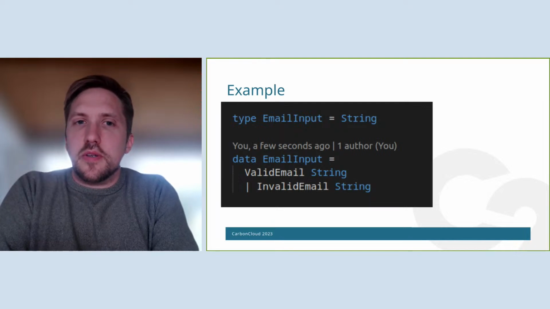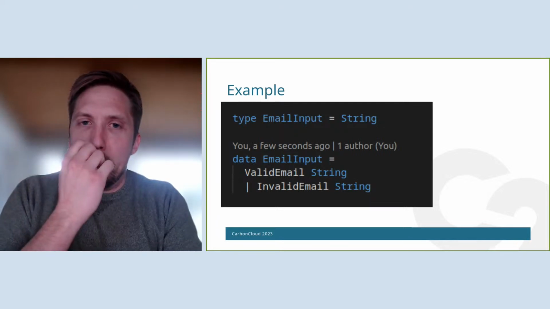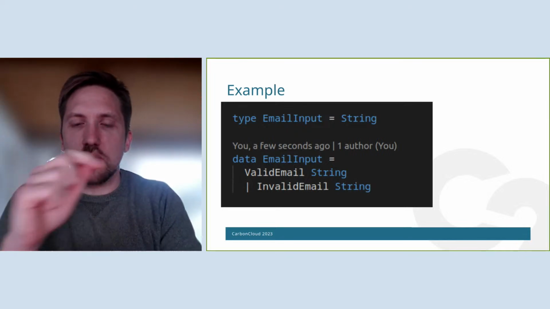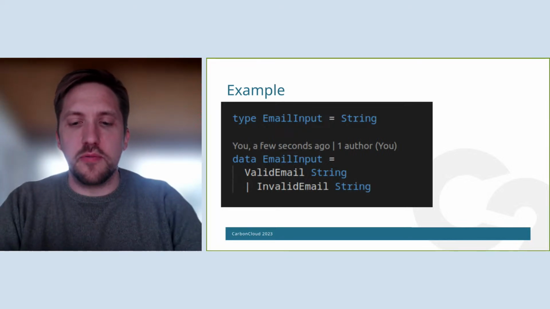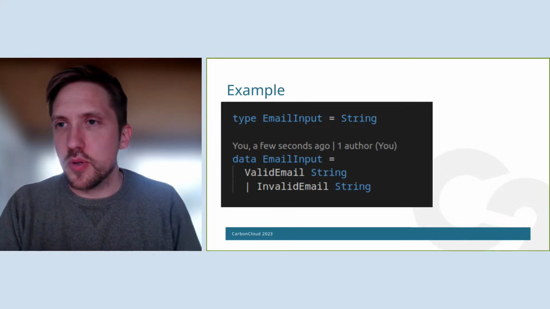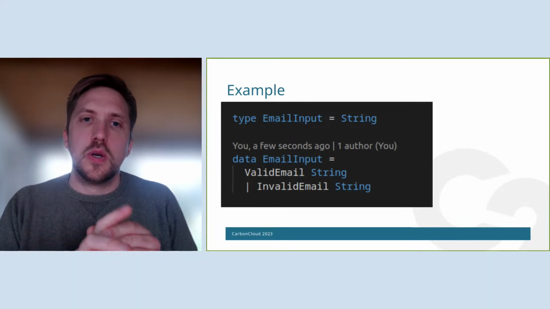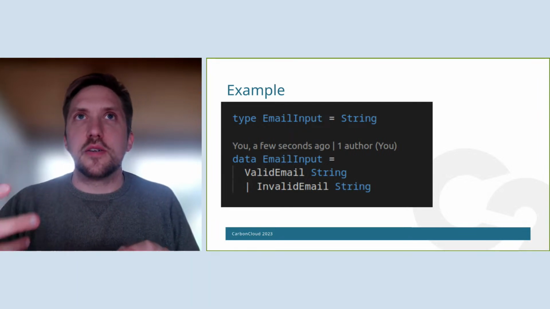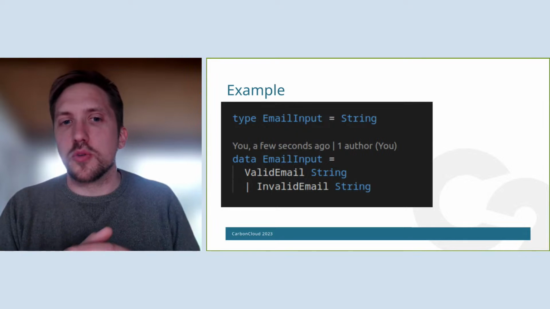Meaning that this is for a text box in a hypothetical application in the front end. So a person has typed their email into a box, but then you want to validate it. You want to validate if you're going to submit. You only want to have a valid email.